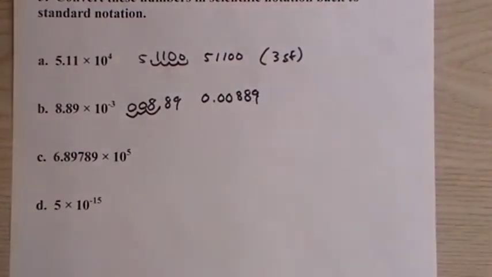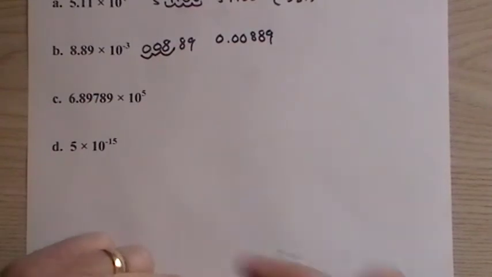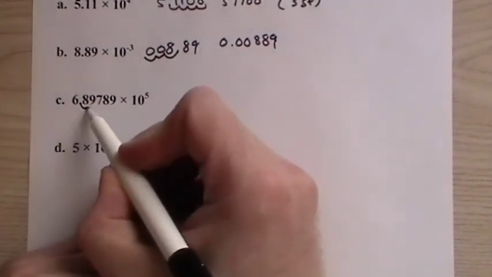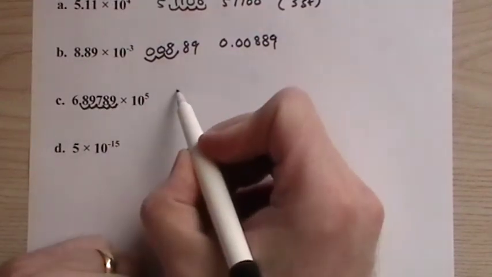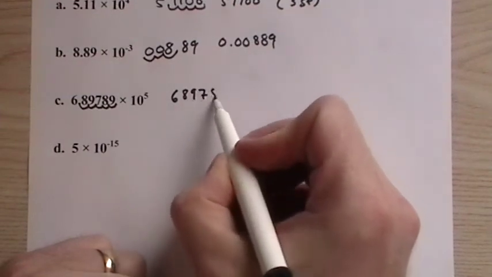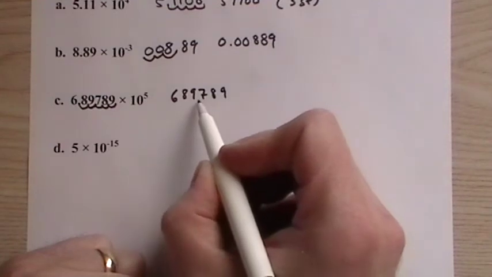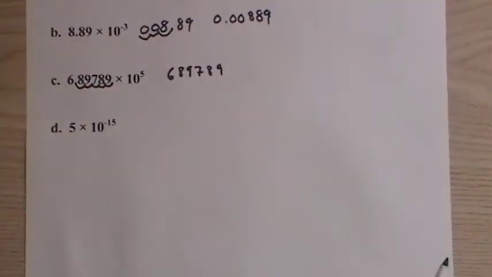Like so. And then I'm just going to use it from here since we have 10 to the 5th, so it's going to be 1, 2, 3, 4, 5. So 6, 8, 9, 7, 8, 9. Is that right? Yep, okay. And then 5 times 10 to the minus 15.